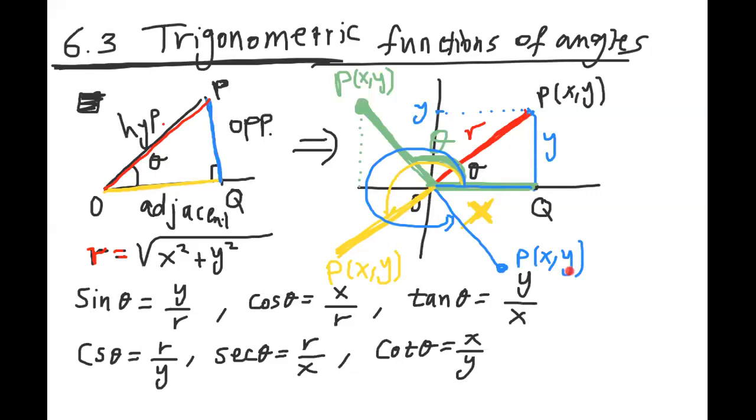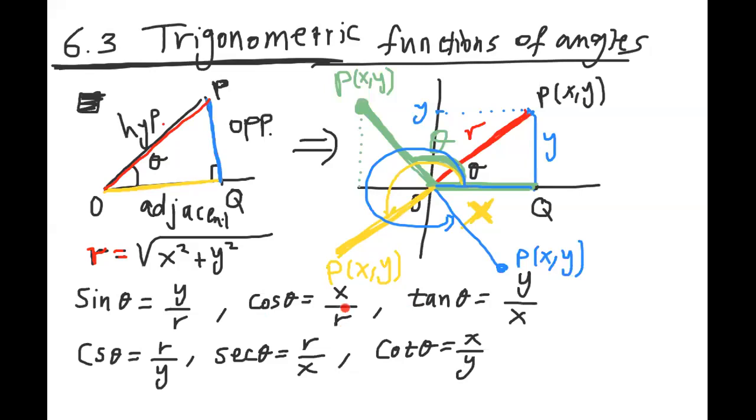The value of y is negative, because it is on the negative side of y. That means the cosine here is the only positive one. Why? Because the cosine is x over r, and x is positive and r is always positive. So the cosine is the only positive function for the fourth quadrant. Make sense?